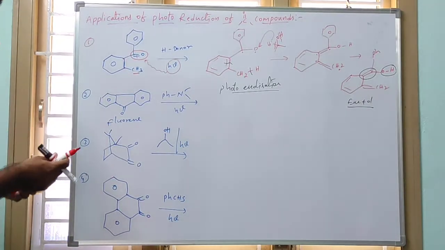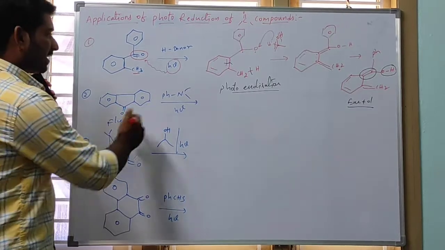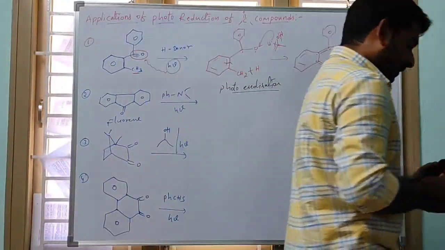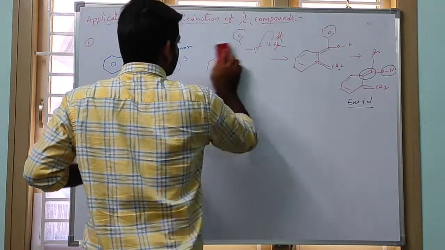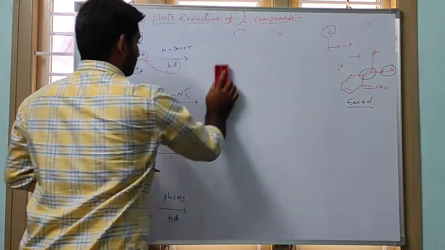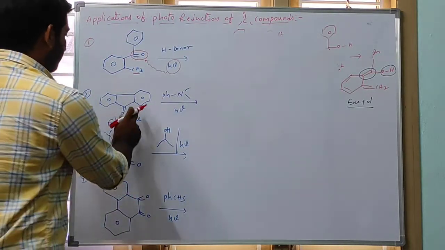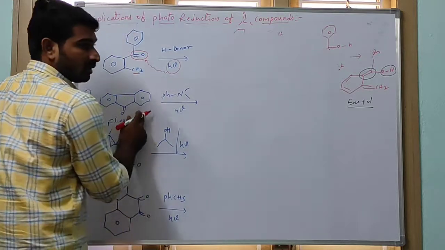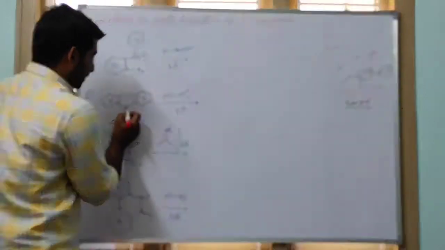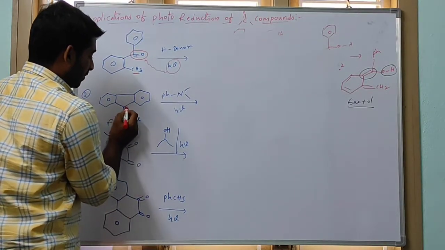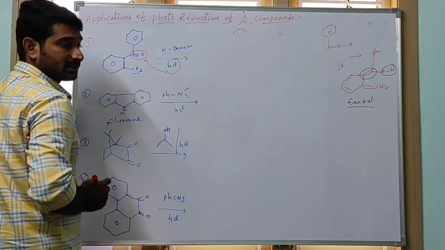Next, the second example. Generally, this undergoes a simple coupling reaction. What is the product here? 1,2-diols. By breaking one of the pi bonds, it produces two radicals and abstracts hydrogen.